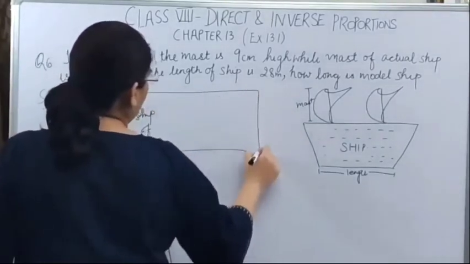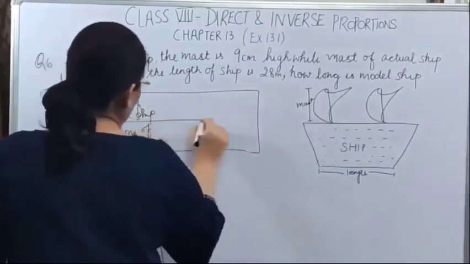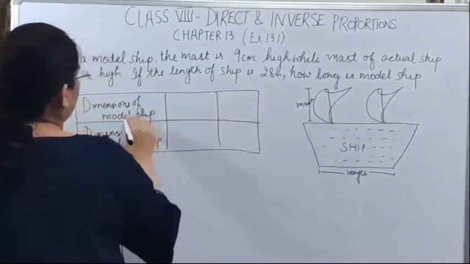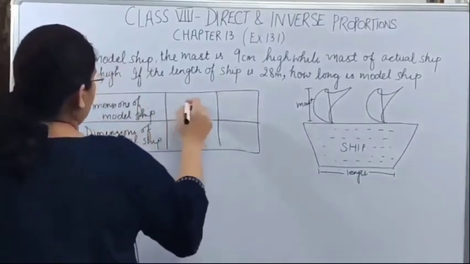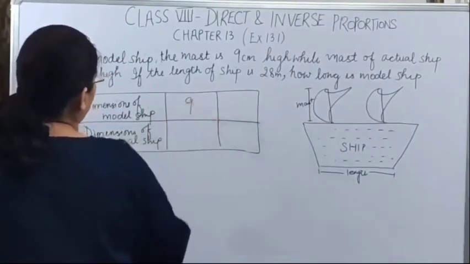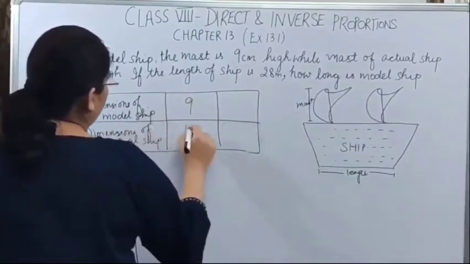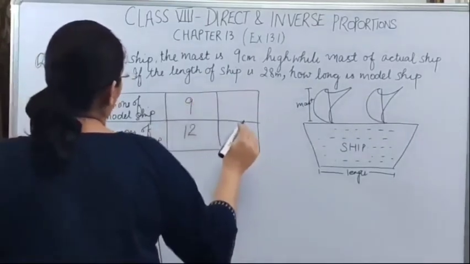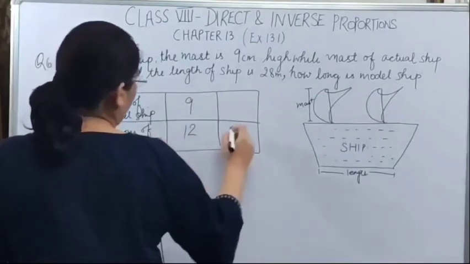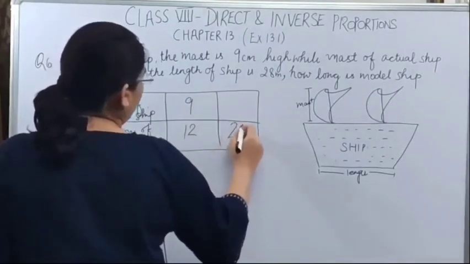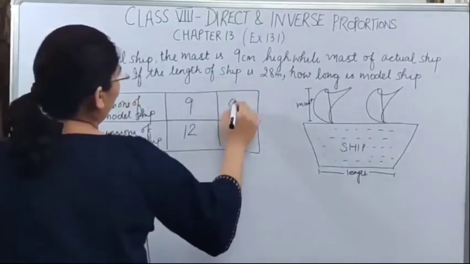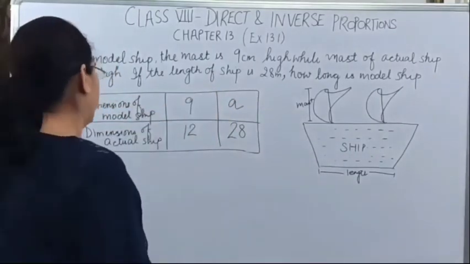Can we say that in the model ship the mast is 9 centimeters, in the actual ship it is 12 meters. If the length of the ship is 28 meters, so for the actual ship the length is 28 meters, we have to find out the length of the model ship.